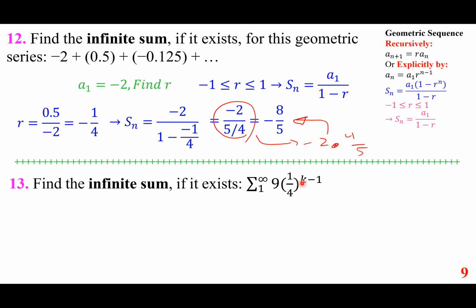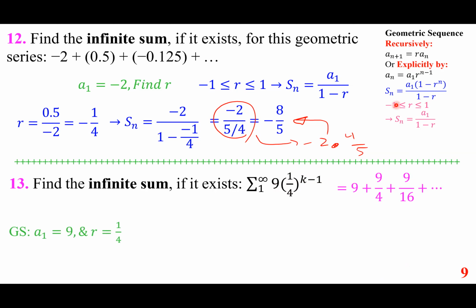If you let k be 2, it becomes 1, so 9 times 1/4 is 9/4. If you let it be 3, 3 minus 1 is 2, 1/4 to the power of 2 is 1/16, times 9. So this is what we get, and we recognize this as a geometric sequence with the first term being 9 and R being 1/4.